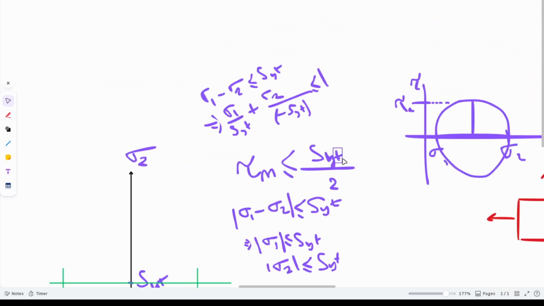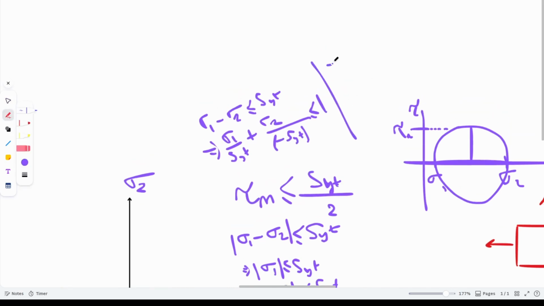And now if I take the other value, minus of sigma 1 minus sigma 2 is less than or equal to SYT, or actually this will turn into sigma 2 minus sigma 1 is less than or equal to SYT.